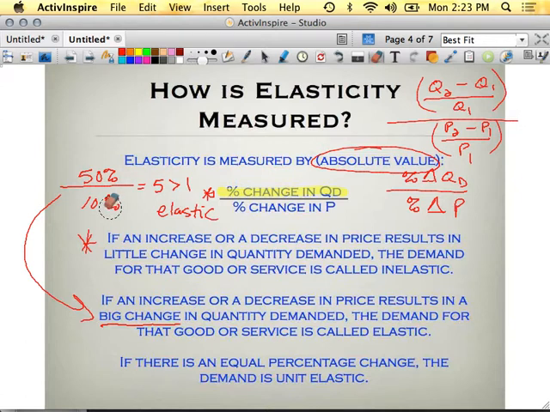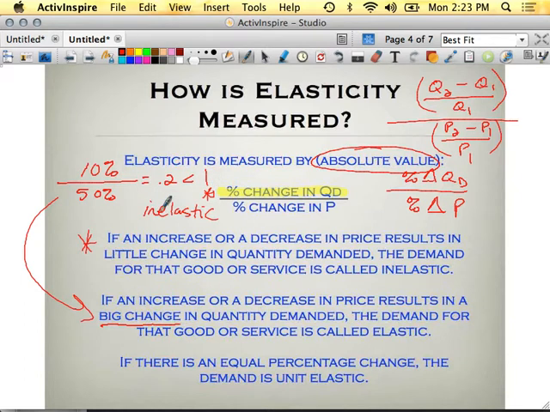But let's switch it around. Let's imagine that instead of those numbers which I just did, they were like this. You change the price 50%, there's only a 10% change in quantity demanded. This is a fifth, which is 0.2. Because it's less than 1, we call it inelastic.